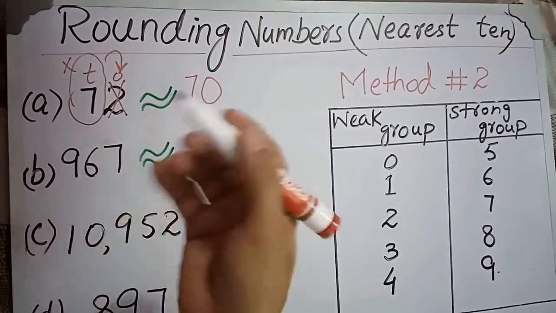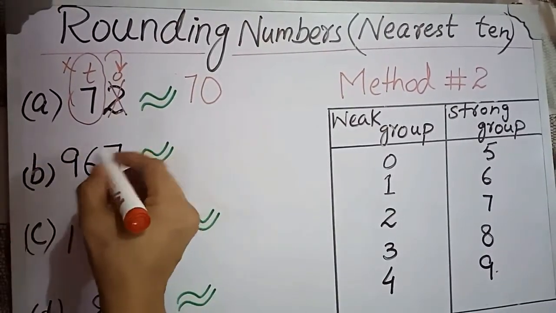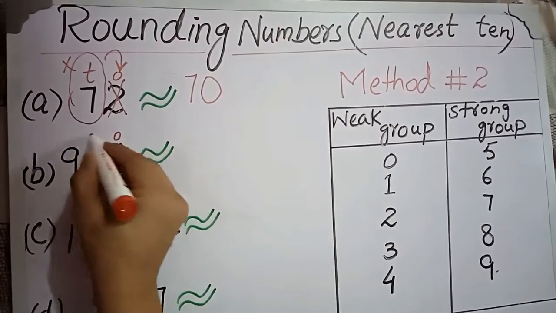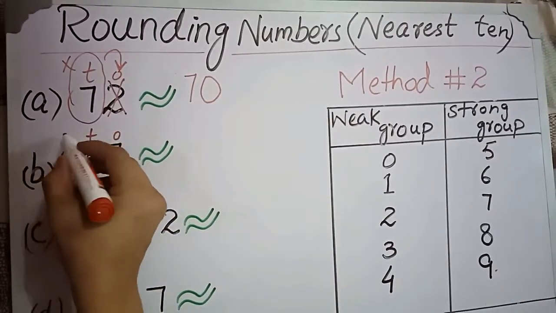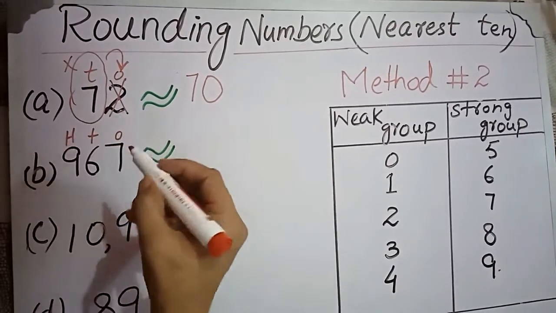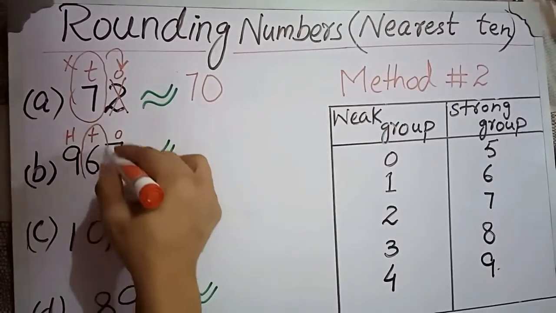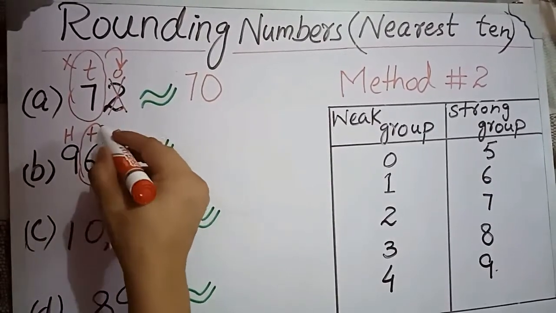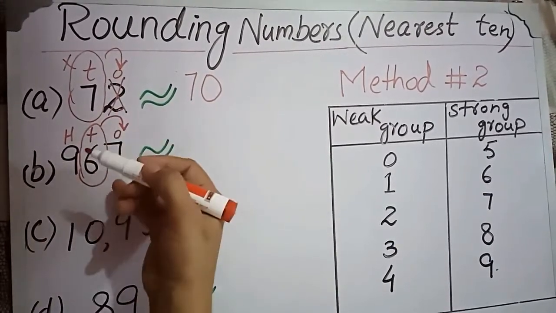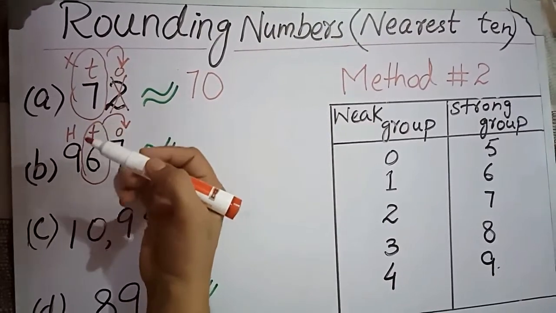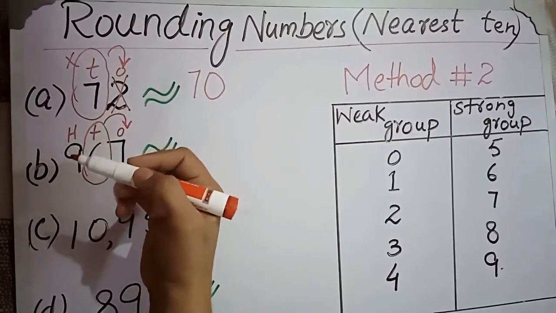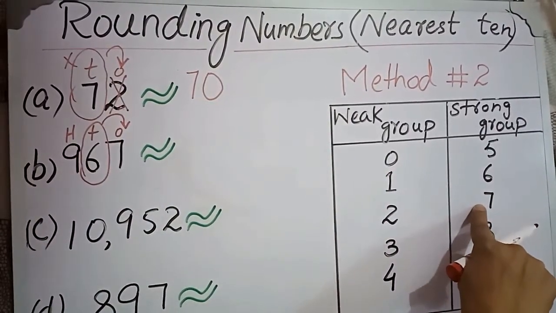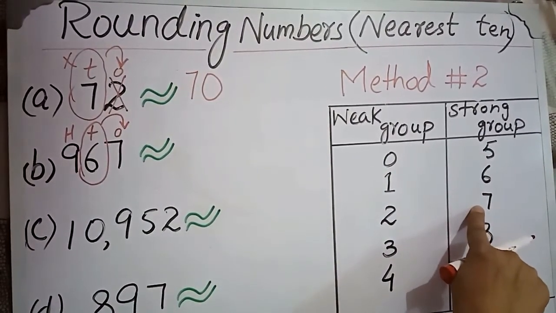Now again, for the B part we will use place values: ones, tens, hundreds. Now we have to round off the tens place. For rounding off the tens place, again we have to look at the next digit, the ones place. In the ones place we have 7, and 7 is a strong digit, a digit of the strong group.